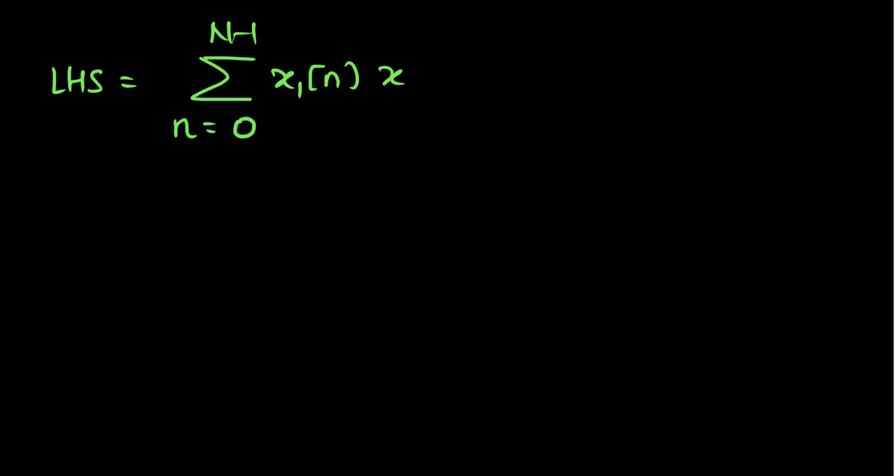So we have the left hand side as summation n running from 0 to N minus 1 x1 of n multiplied by x2 conjugate of n.